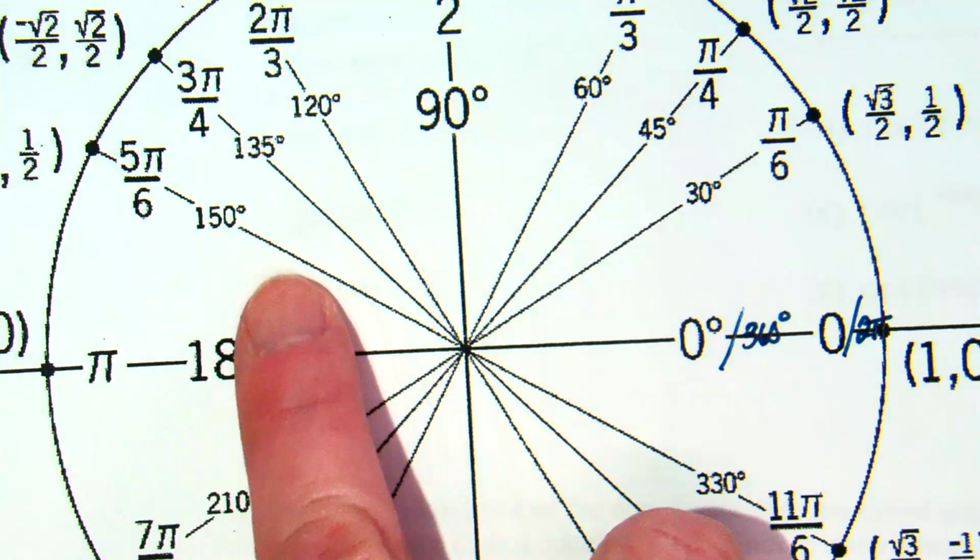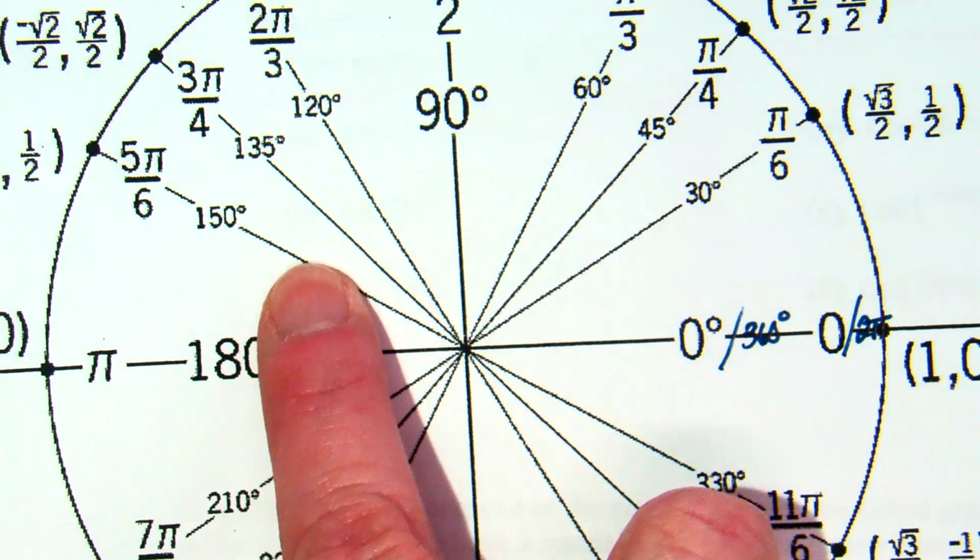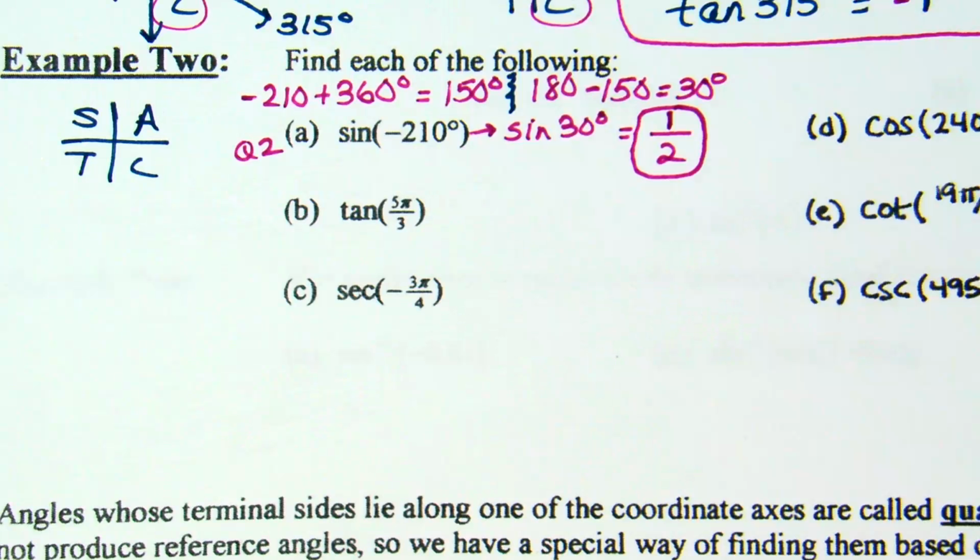So when we go to our chart, we're thinking 30. But then notice it wasn't actually in quadrant 1 like 30. It was in quadrant 2. And so then all students, so this is positive now. Okay? And so all of that to say, answer is positive 1/2.